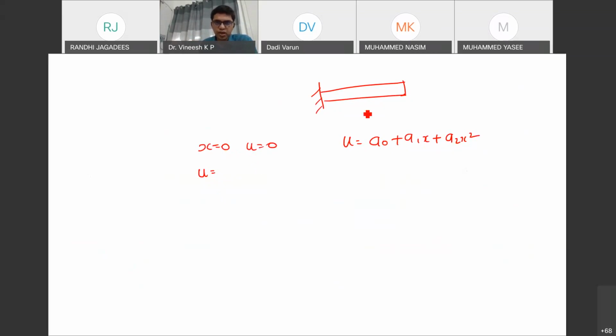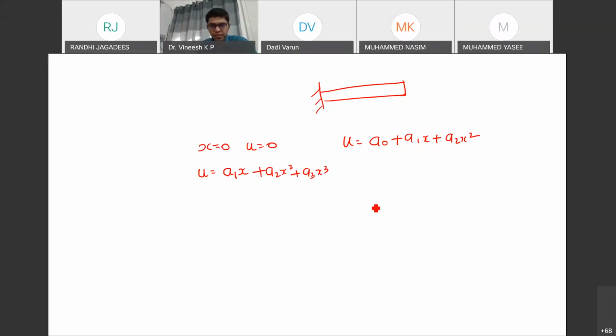By looking at the problem, I can take a constant a1 into x. This is a function which satisfies the boundary condition. If I take a2 into x square, you can see it is satisfied. If I take a3 into x cube, it is again satisfied.